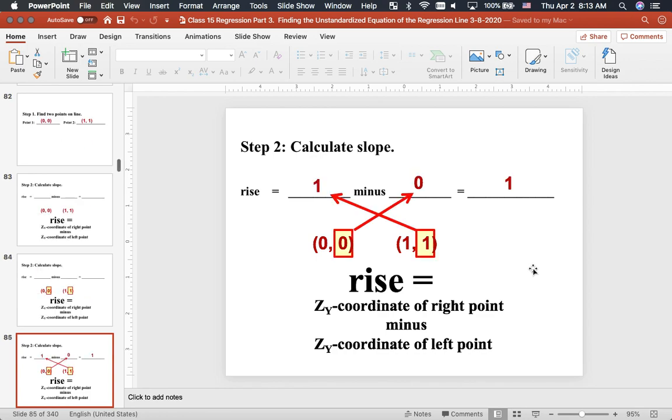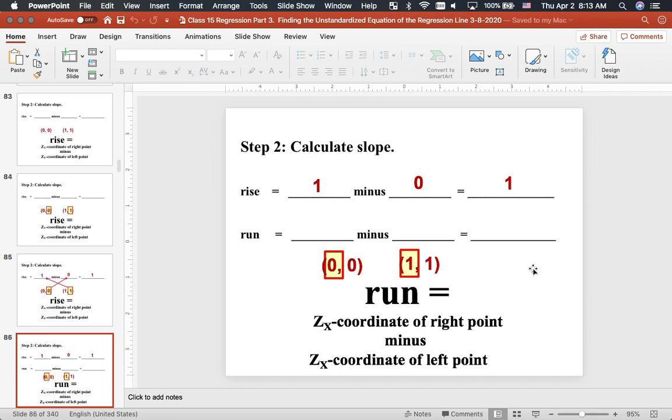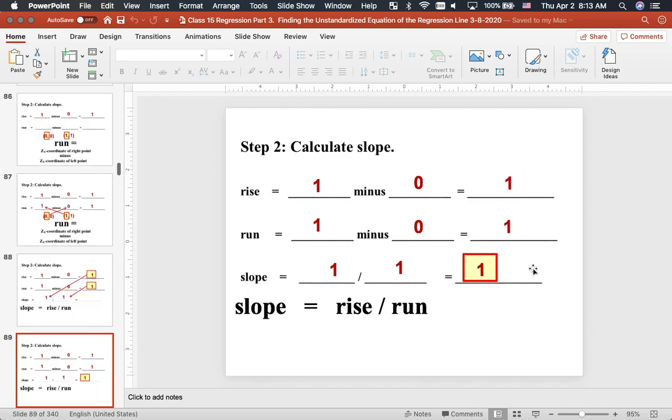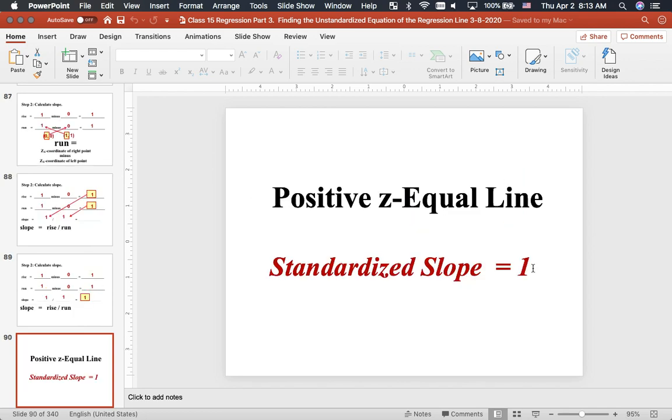So 1 minus 0 equals 1. Zx2 minus zx1, so 1 minus 0 equals 1. So look at that, 1 divided by 1 is going to be 1. That's the slope. So our standardized slope for the positive z equals line is 1.